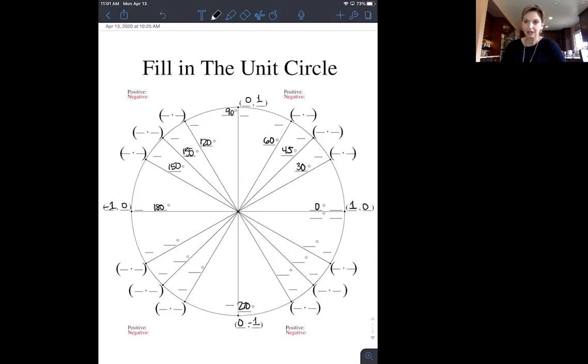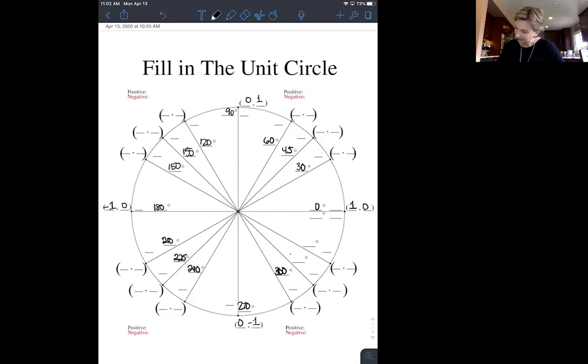All right, our angles down here in quadrant 3 would be 210 degrees, 225 degrees, and 240. Okay, and our angles in quadrant 4, right, 270 and 30 degrees would be 300 degrees.